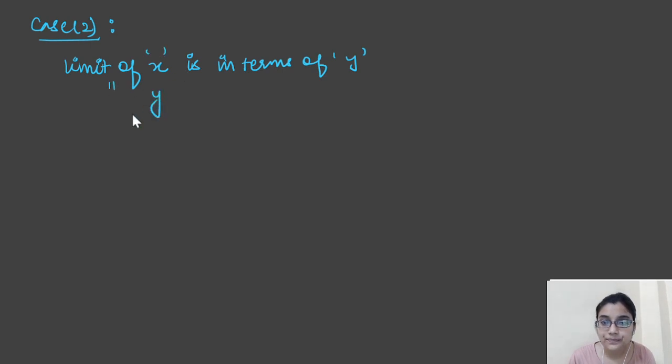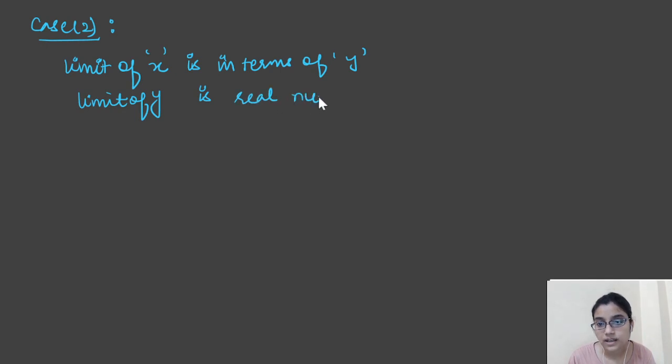What is case 2? Case 2 is that the limit of x is in terms of y, and let me write down the complete statement: the limit of y is real numbers.